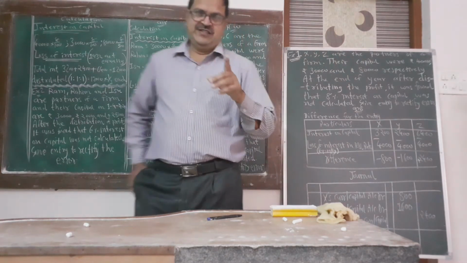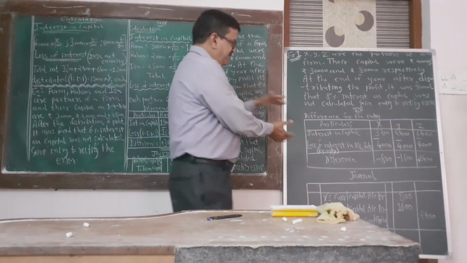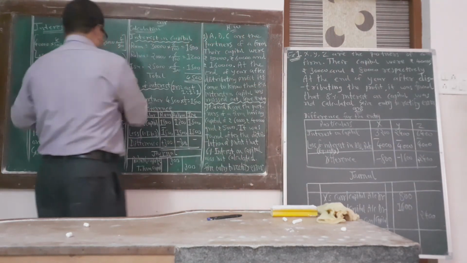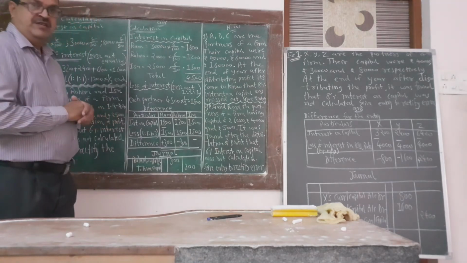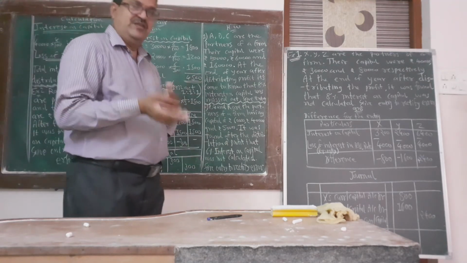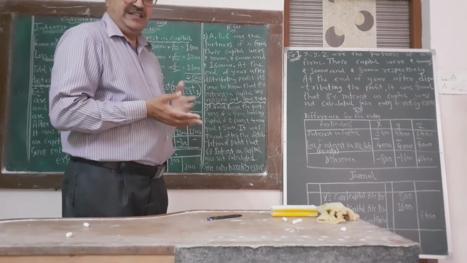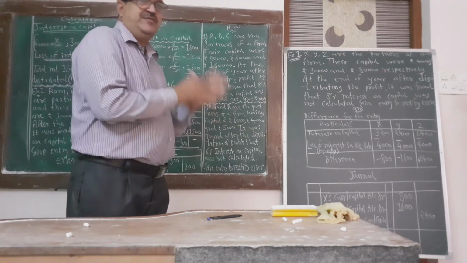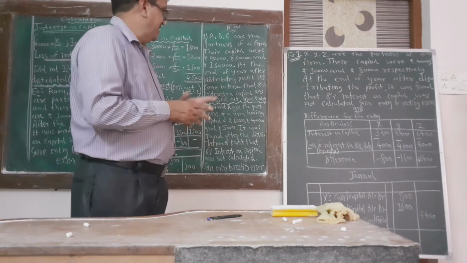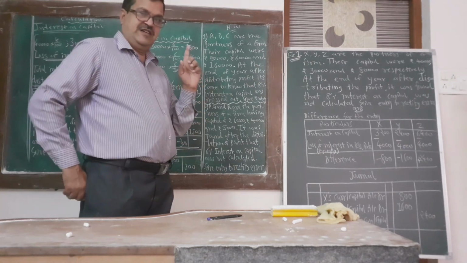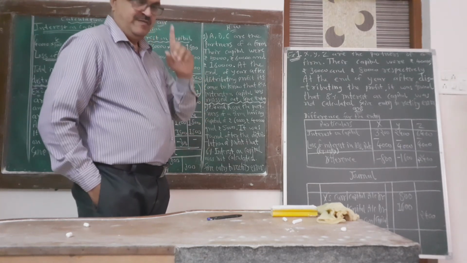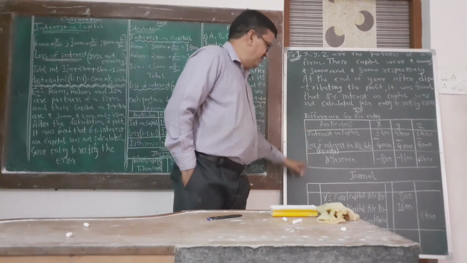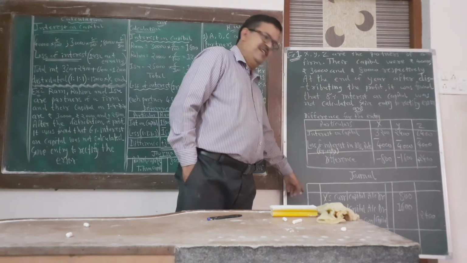So friends, here the calculation is given below the example. You can also write down the calculation at the first term example also. But in the board exam, marking is only for these two tables, the difference table and the journal.